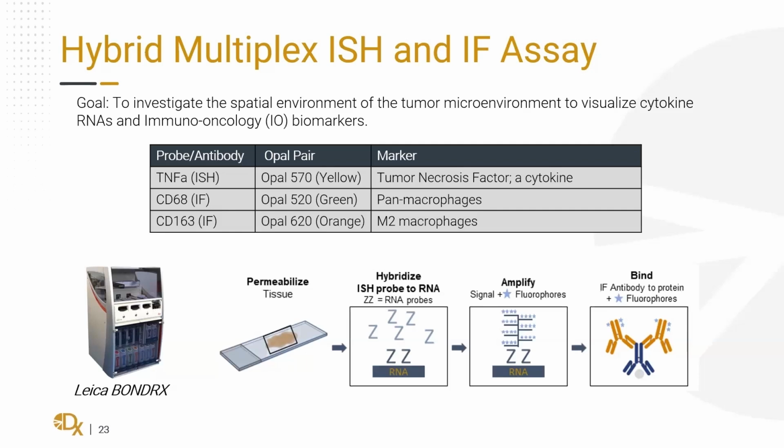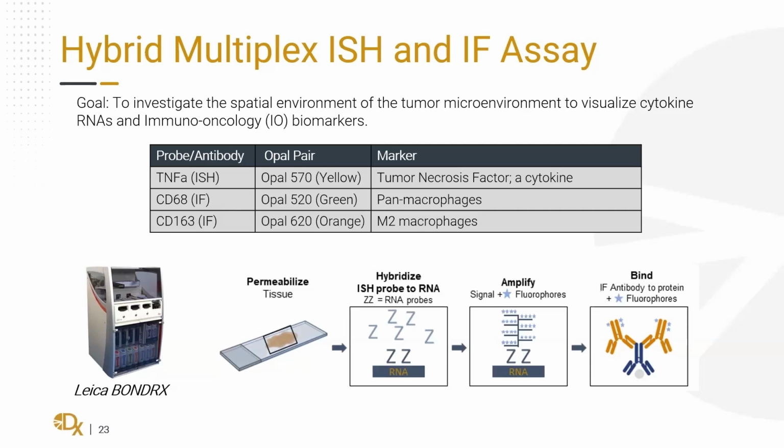We analyzed the tumor microenvironment of these tissues with a panel for the cytokine RNA and immuno-oncology, or IO, protein biomarkers using FISH and IF. These tissues were stained using ACD RNAscope probes for TNF-alpha, combined with protein antibodies for CD68 and CD163 IO protein biomarkers.